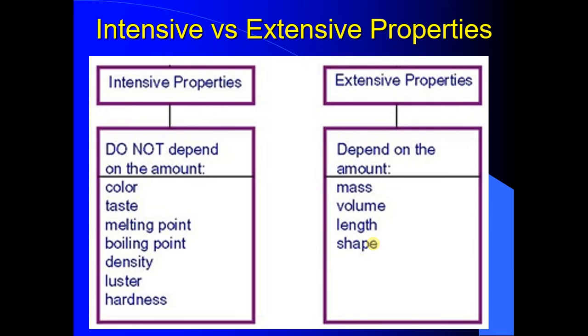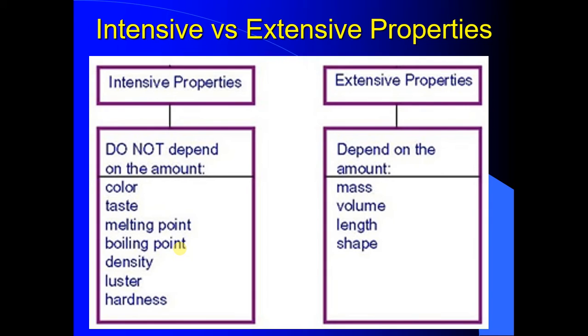The reason that extensive and intensive properties are important is that we can use intensive properties to identify unknown substances. So we could identify an unknown liquid by boiling it and seeing at what temperature it boils, because there will be one and only one boiling point for water, right?